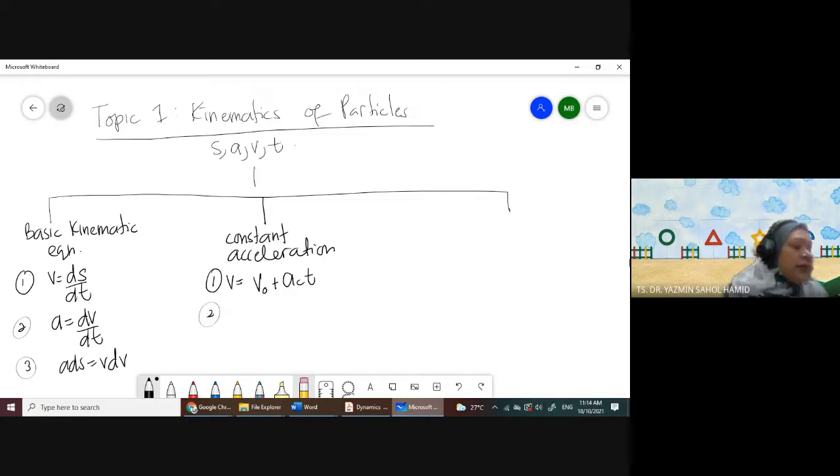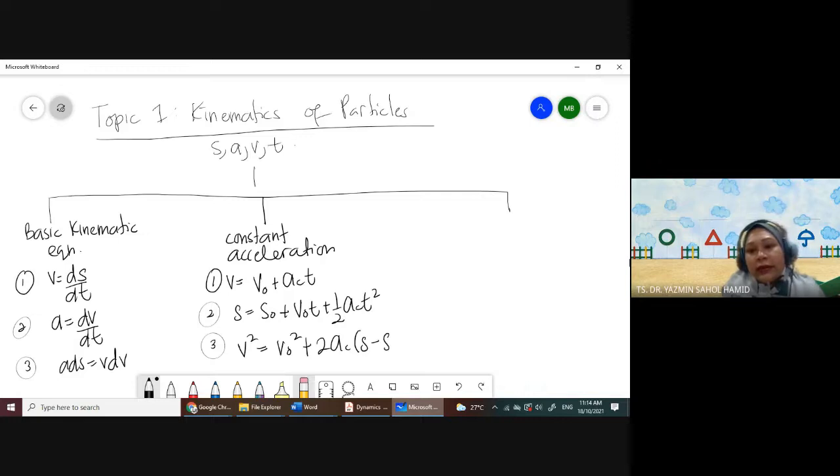The second is s equals s naught plus v naught t plus 1 over 2 a_c t squared. And the third is v squared equals v naught squared plus 2 a_c times s minus s naught. Okay, so those are the things.